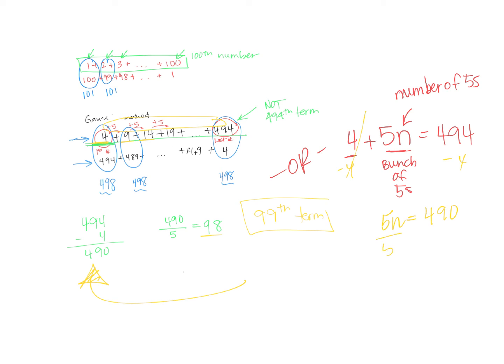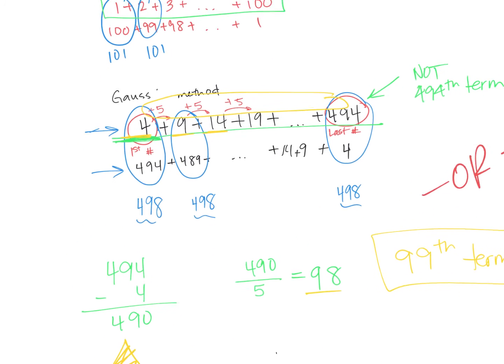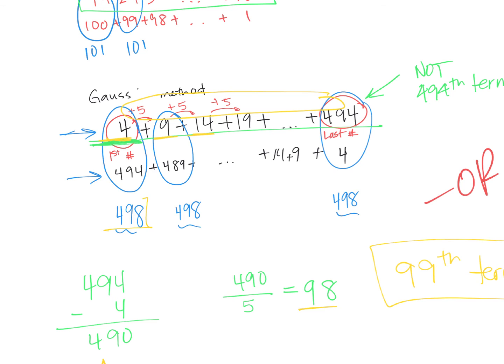So if we again divide by 5, we're going to get n equals 98. And so we know that's the number of 5s. So the first term plus 98 5s will put us at 99 terms. Okay, and so we know we're going to add 99 things, and that thing that we're going to add, going back over here, is 498.